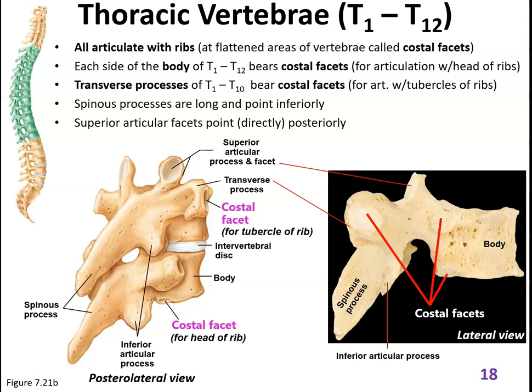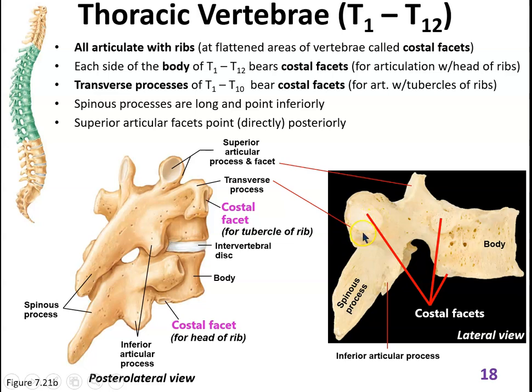And since the thoracic vertebrae are all going to articulate with ribs, they have extra facets for articulation called costal facets. Costal refers to ribs. And so what we're going to see is that the body of a thoracic vertebra is going to have two costal facets, superior and inferior, and the transverse process is going to have one also.